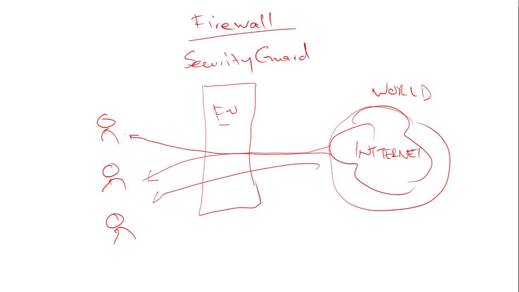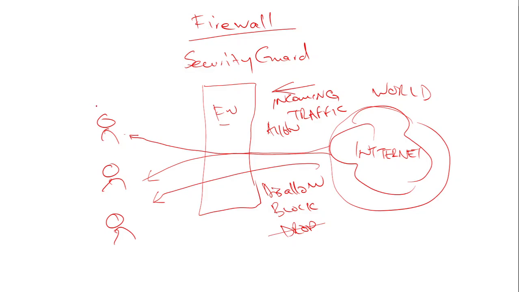Then we decide whether we want to allow it or disallow it, which means we block or we drop it. This is for incoming traffic from the world.